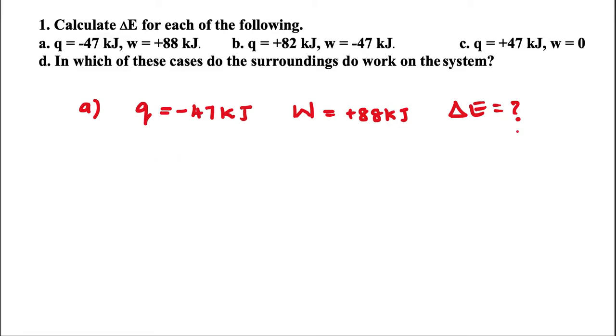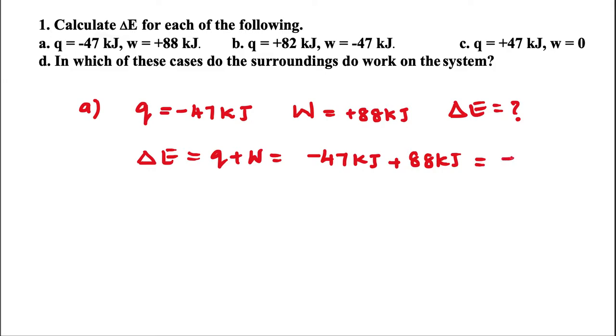So the equation that is relating these three factors is the first law of thermodynamics, that is delta E is equal to Q plus W. So what is the Q here? Negative 47 kilojoules plus 88 kilojoules. That gives us positive 41 kilojoules.